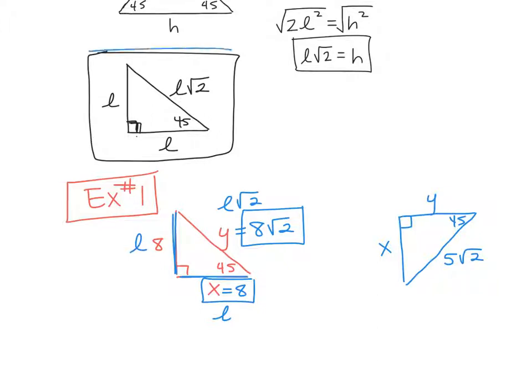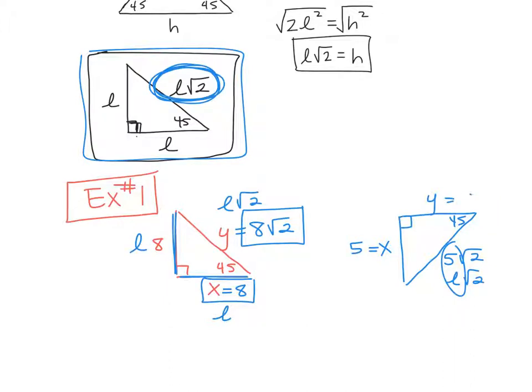If we're looking at this picture up here, you were given this, okay? So if L rad 2 is 5 rad 2, what is L? 5, right? So if this is L rad 2, we know our L would be 5, which means my two legs are both going to be 5. My x is 5, my y is 5. Does that make sense?